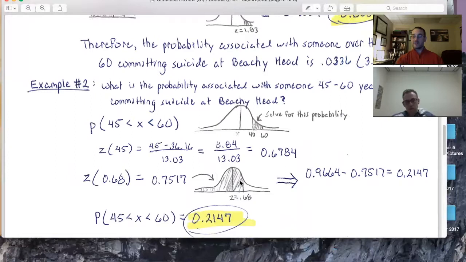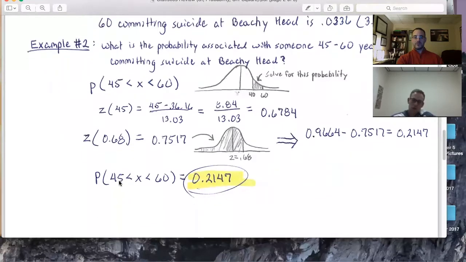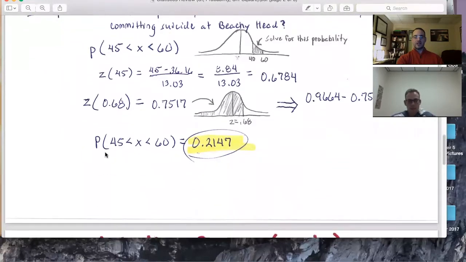So we should just have to find the difference between the two. The difference between that 0.9664 and 0.7517 should give us 0.2147. So our final answer there is the probability associated with somebody at Beachy Head, solving for x, of being older than 45 yet younger than 60.